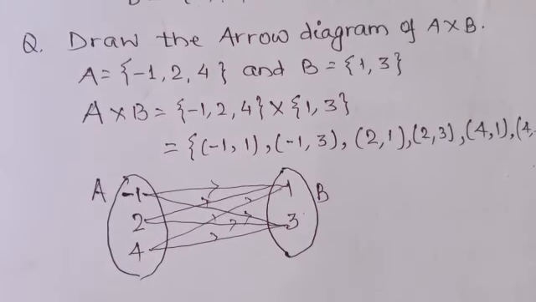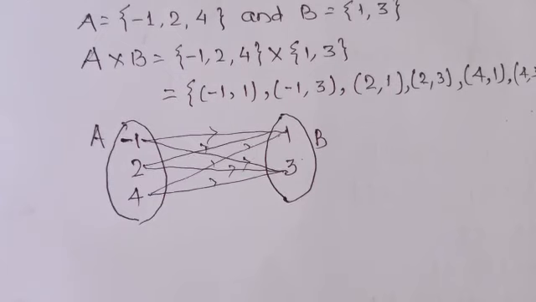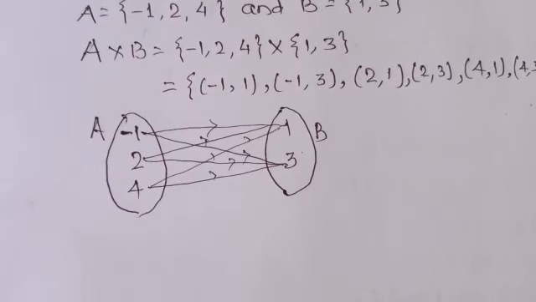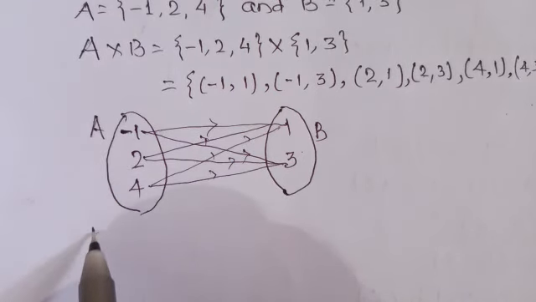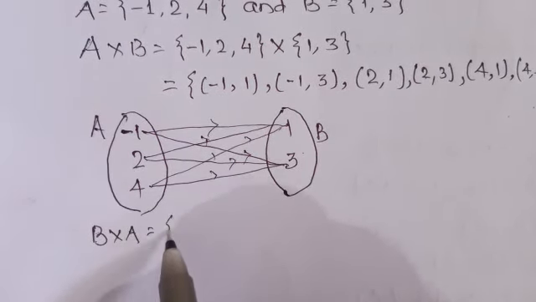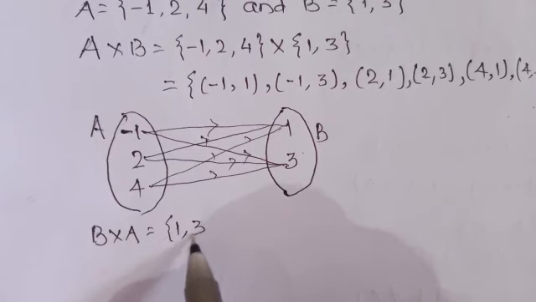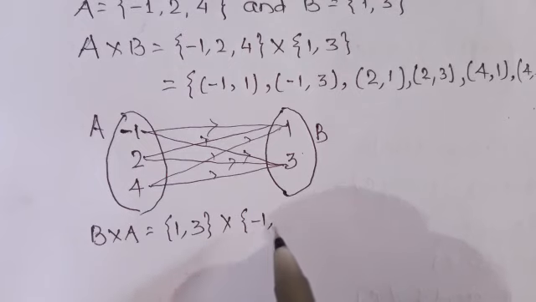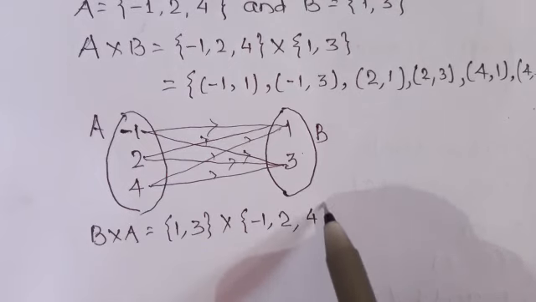Similarly, we can draw the arrow diagram of B cross A. For this, first construct B cross A. B cross A means {1, 3} cross {-1, 2, 4}.